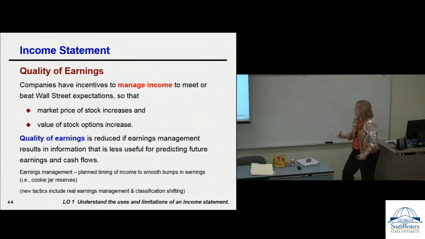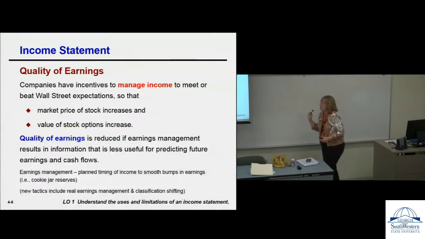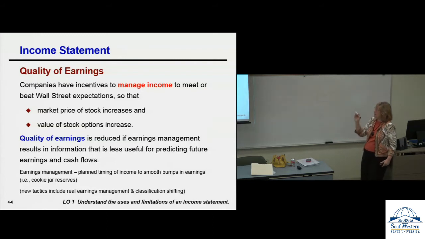Now this point right here, this is a definition of earnings management: planning your income to smooth out bumps in earnings. These are the bumps in earnings. See how it's bumpy rather than smooth? They're trying to smooth out the bumps. And maybe cookie jar reserves is one way to do that.